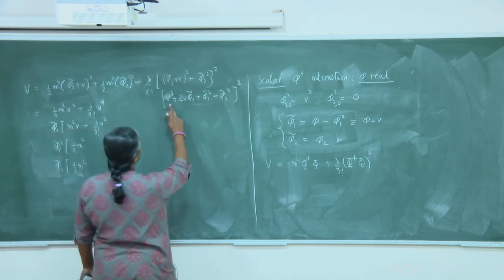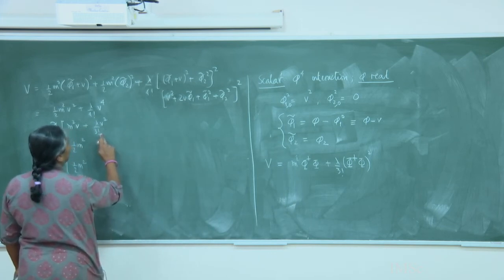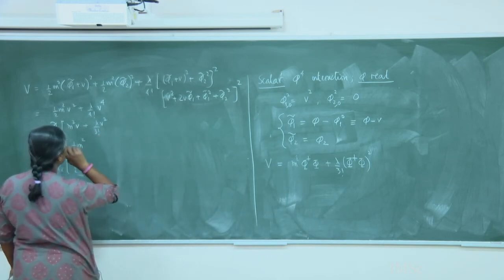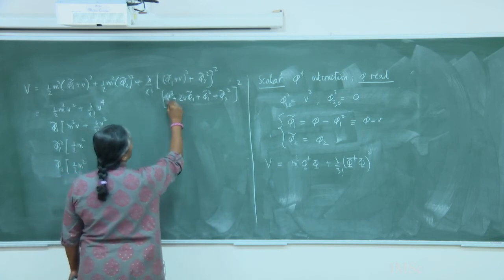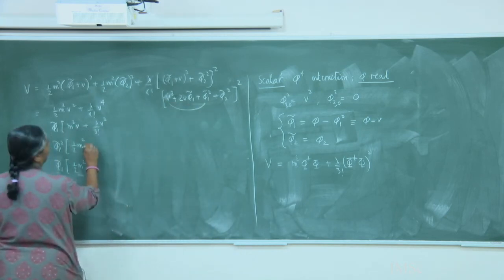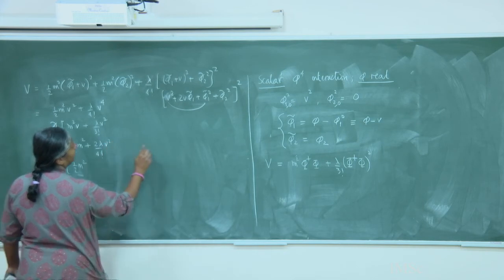Now I have to take cross terms. The cross term of this will give me my, no, I have already put the cross term of this. Sorry, I already put the cross term of this. Then I have to put the cross term of these two. So that will be plus 2 lambda by 4 factorial v squared.